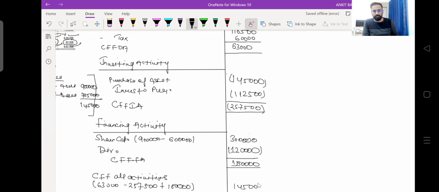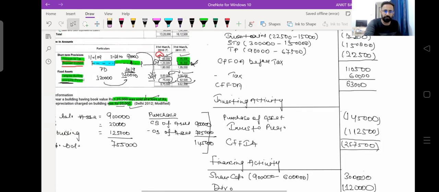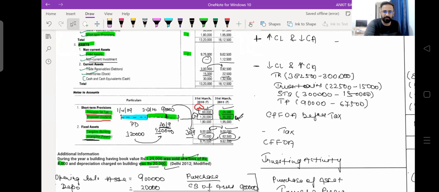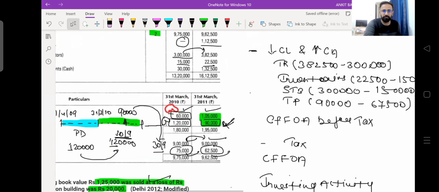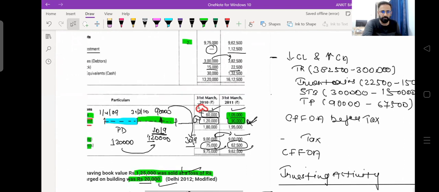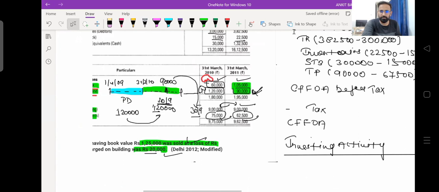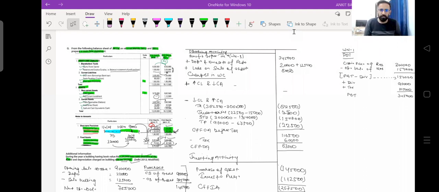Right? Now we will see the opening balance of cash. So you find out the opening balance of cash. You can see opening balance of cash is how much? 1,82,500 here. So there is a difference. I think we have not adjusted some points. So I will check where we are making a mistake, because there is a difference here.